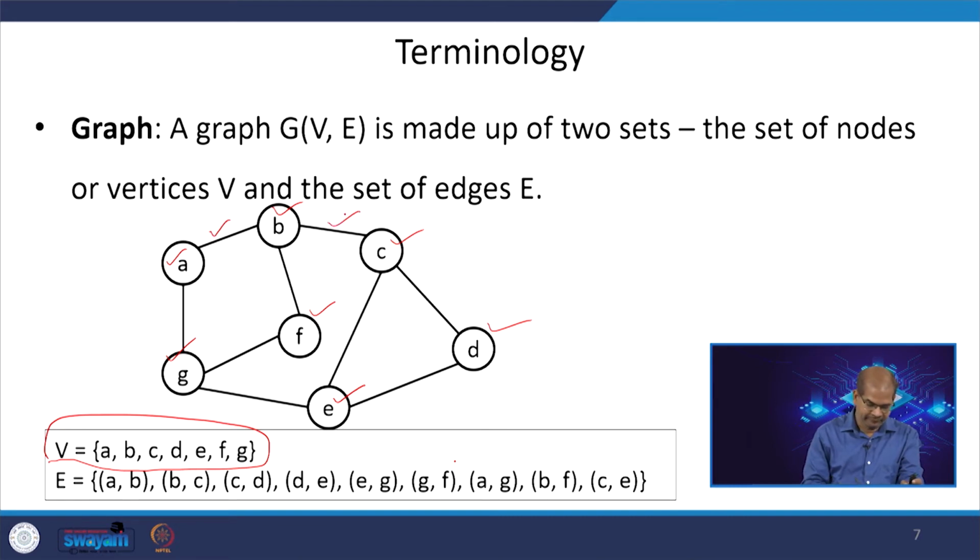I can mark the edges by E1, E2, E3 like this. You can also write A comma B as E1, that is also possible.